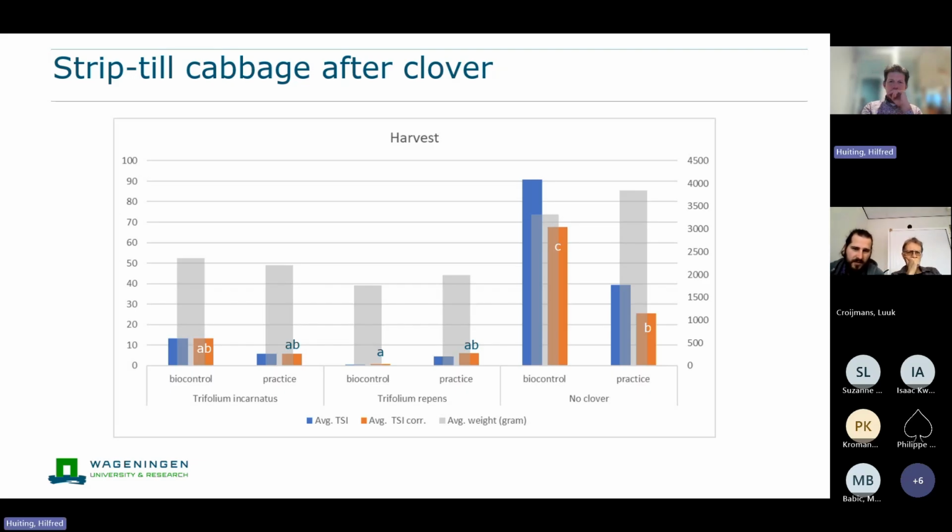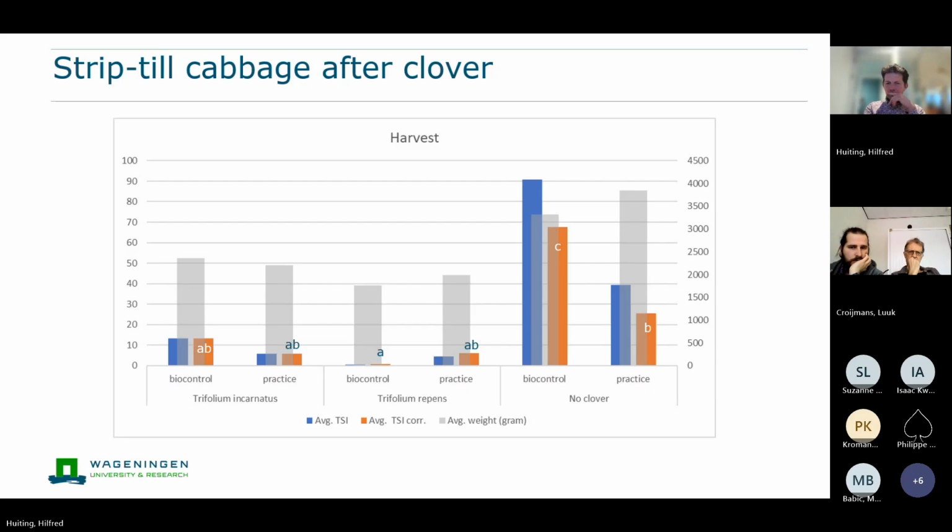You see in the gray bars, you see the cabbage weight on the right y-axis. So you see already that this cabbage clover cultivation led to a lower cabbage weight.